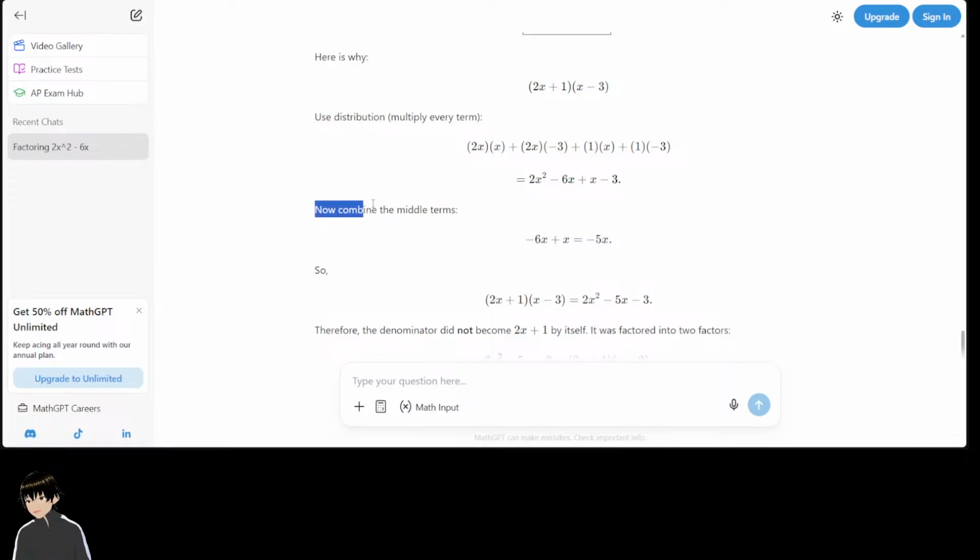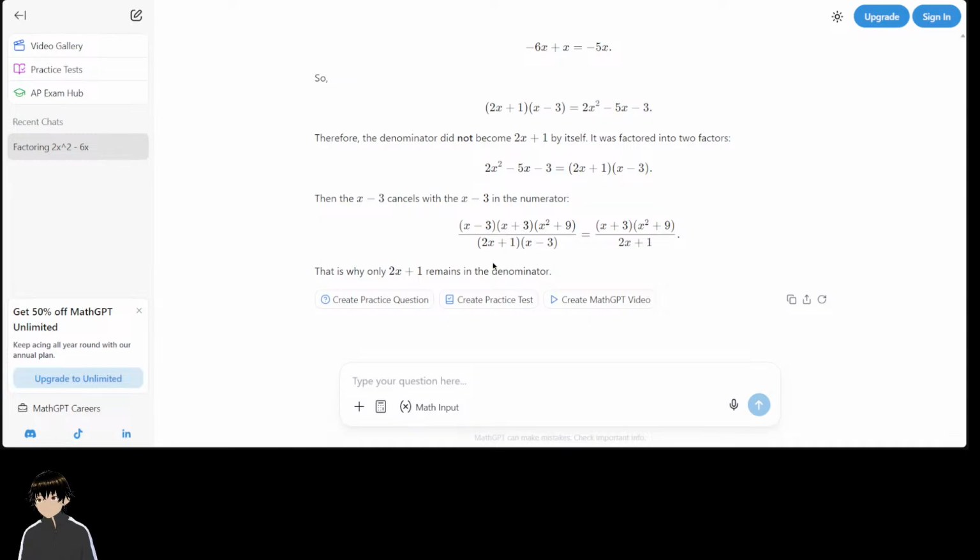Now combine the middle terms. This distribution, multiply every term. So how did this? Oh, you still did not answer the question.